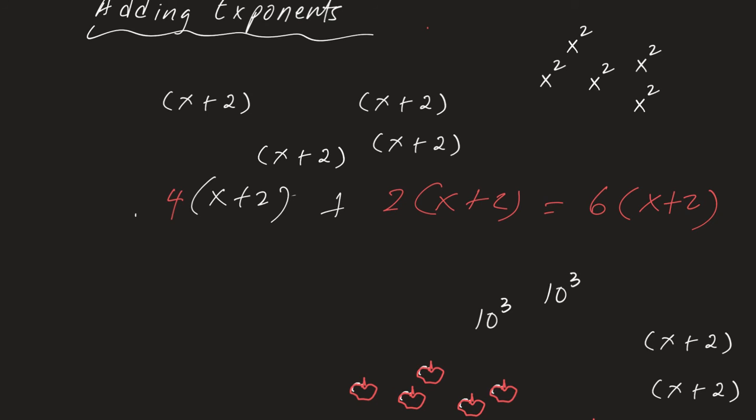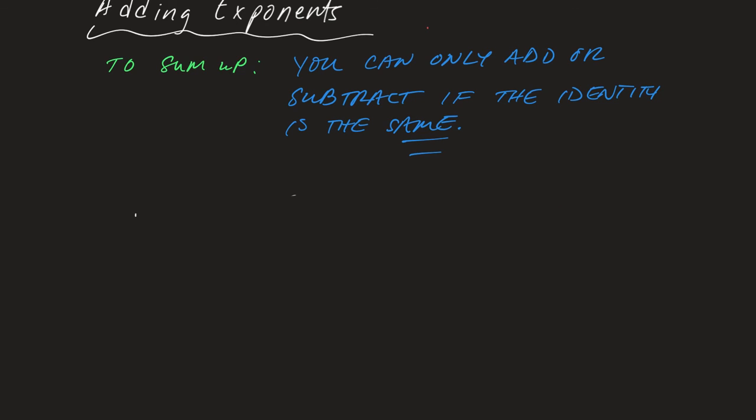So you can only add or subtract if the identity is the same. 2x squared plus 3x to the third cannot be added because the identity is not the same, okay?